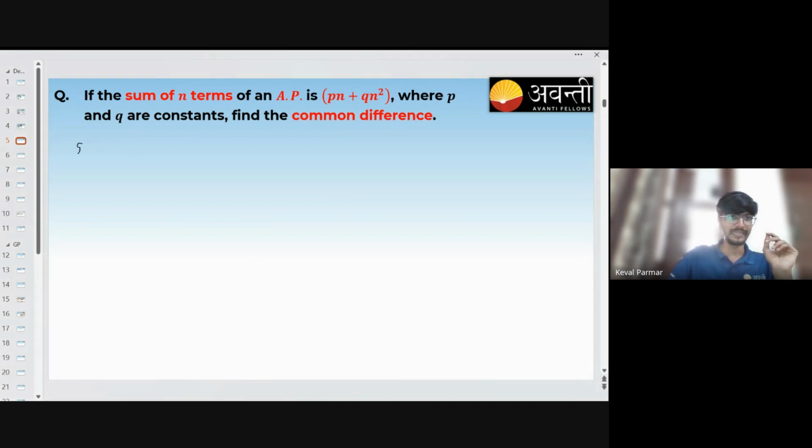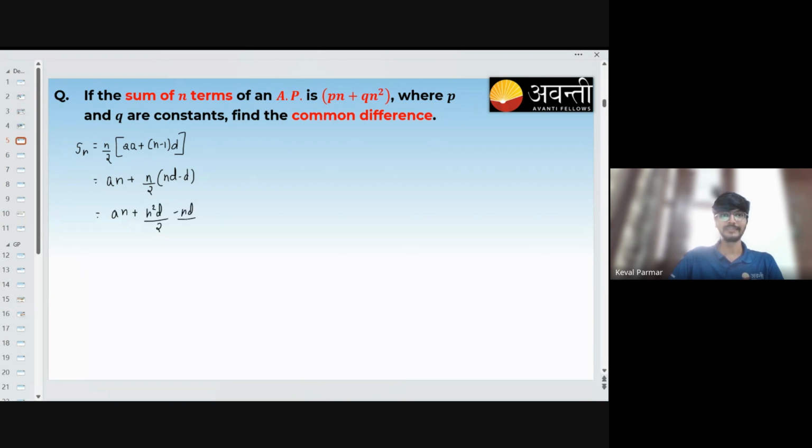So Sn is basically n by 2 into 2a plus n minus 1 into d. So if I multiply n by 2, I'll get an plus n by 2 into nd minus d. Correct? So basically I get an plus n square d by 2 minus nd by 2.